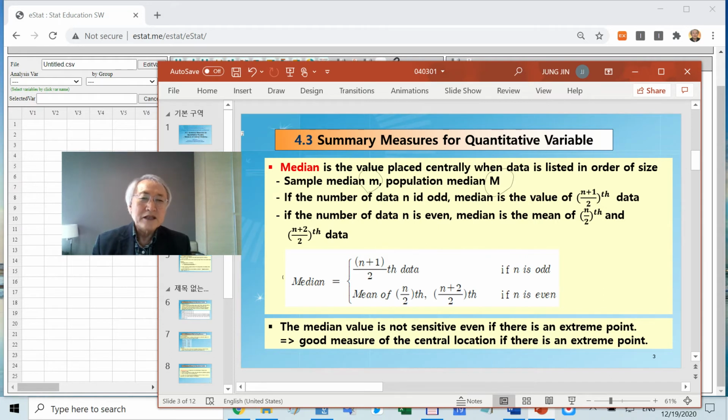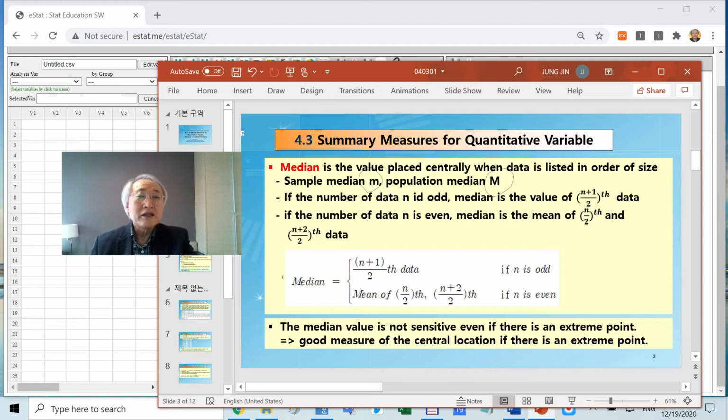In order to select the middle value, you need to arrange the data in ascending or descending order, then take the middle. But the trouble is, if the number of data is an odd number, it's simple. The center is n plus 1 divided by 2.